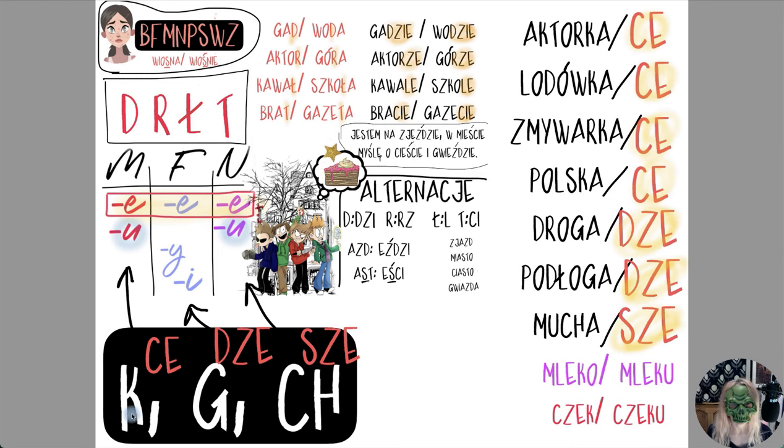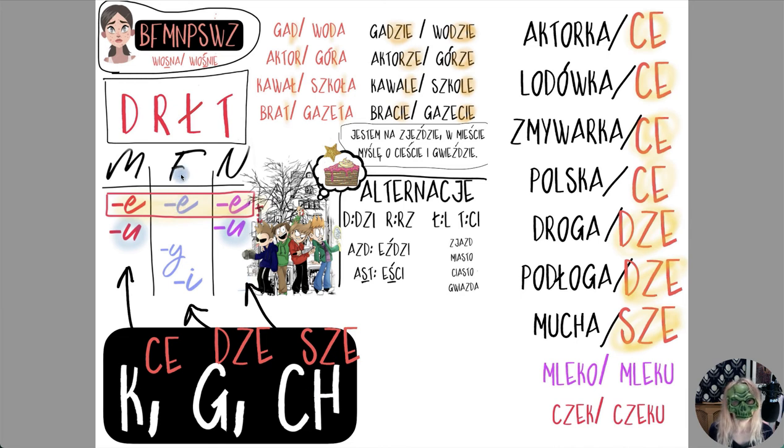Okay, so let's look at this, guys. We've got feminine nouns ending in those particular letters k, g, and h, and they alternate: k to c, g to z, and h to sh.